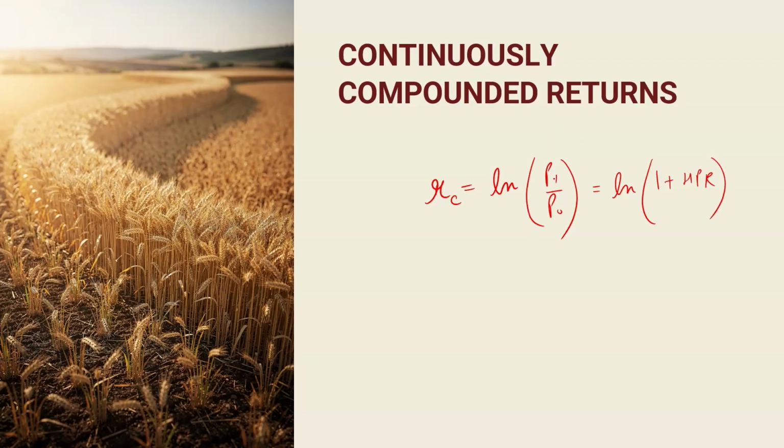If you want to make it more precise, you can also write P1 plus I1 divided by P naught. That's completely okay. So basically the ending value divided by the beginning value. That ending value can be in the form of capital gains and income both, or only capital.